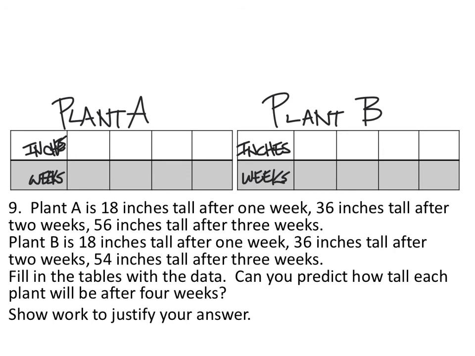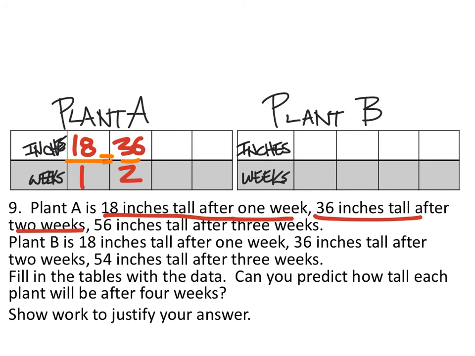Okay, so what did it say about plant A? Well, it said it's 18 inches tall after 1 week. So 1 week, 18 inches. Bam. Then 36 inches tall after 2 weeks. So, okay, 36 inches after 2 weeks. Now, if we were to compare these two as fractions, if we had made these fractions like this, they are equal.